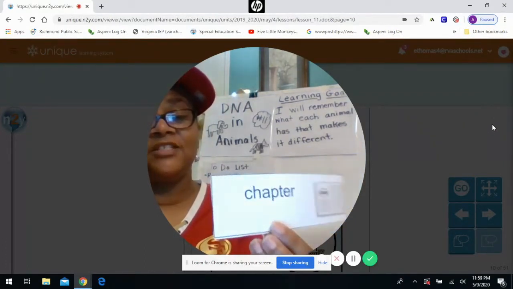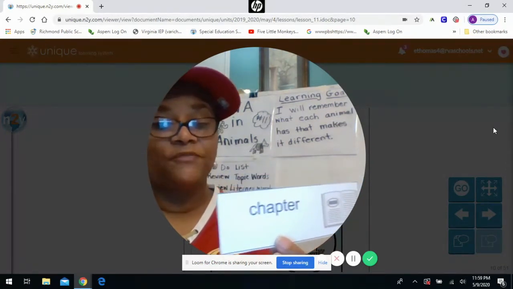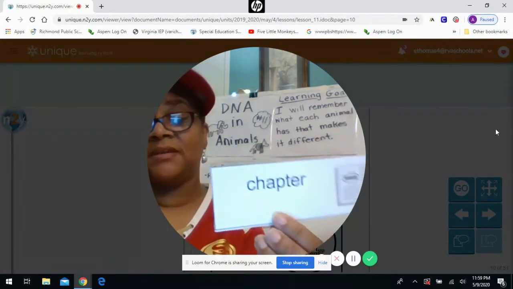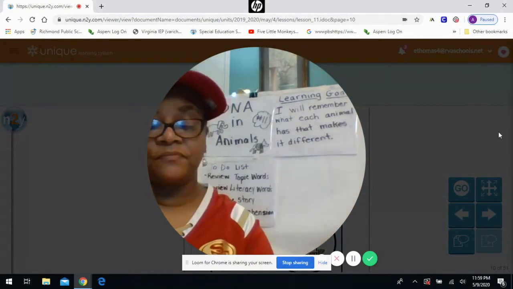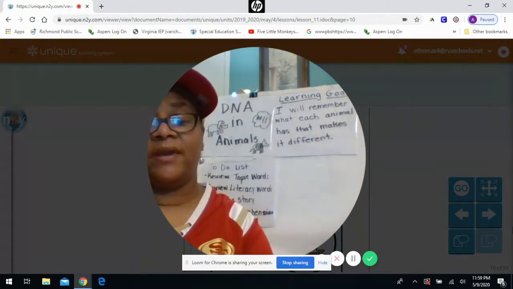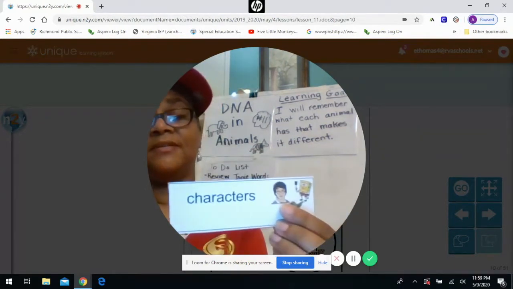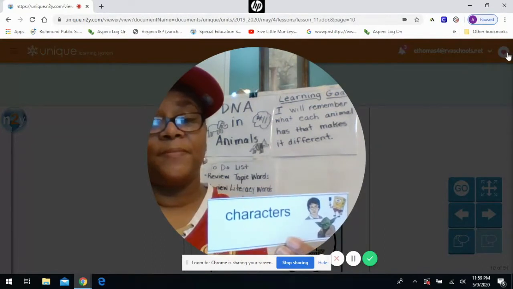And this is a chapter. When there's so much information in the book, we break it down into topics and we create chapters. And we have characters. Those are the people in the book.